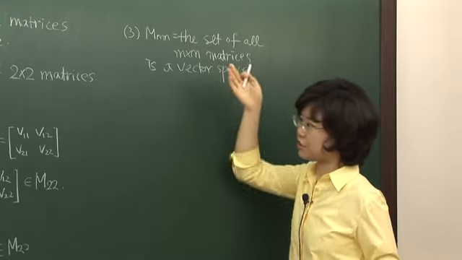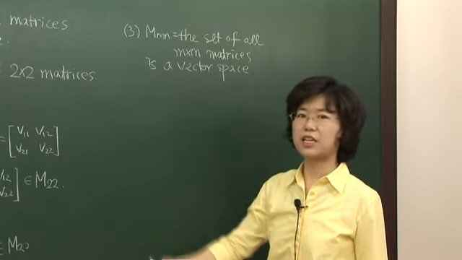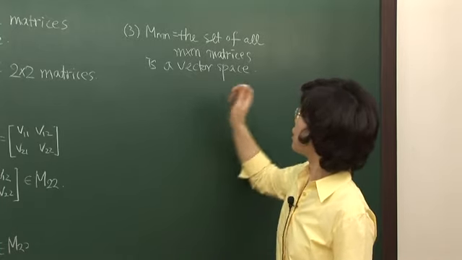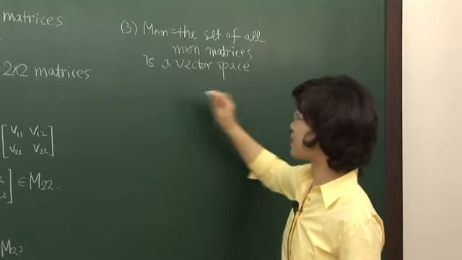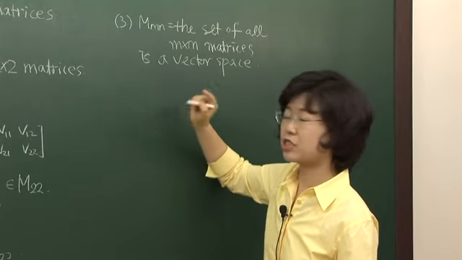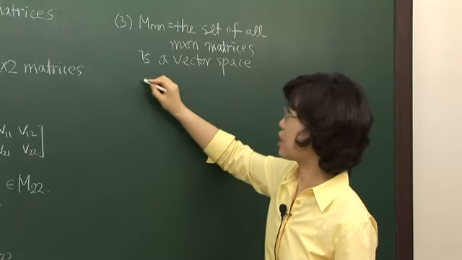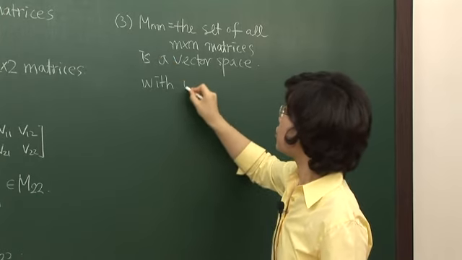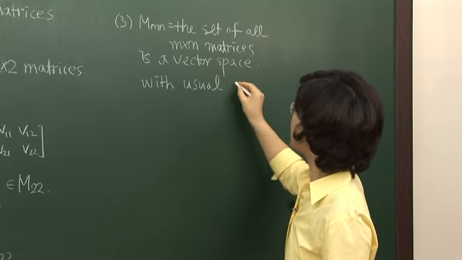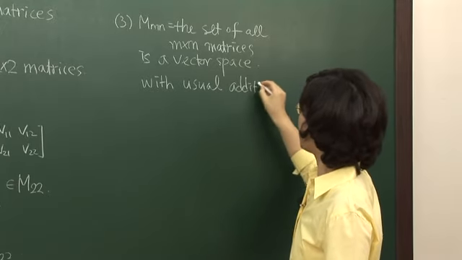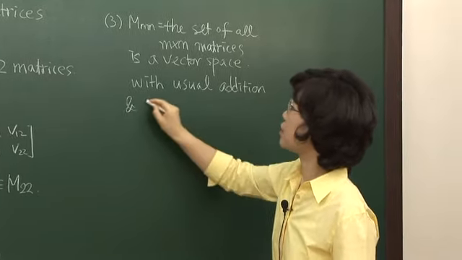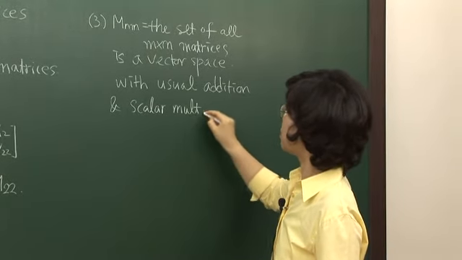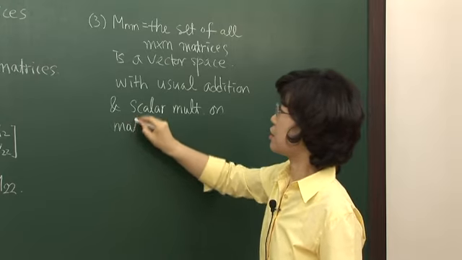We can use exactly the same argument as before, and we can get this generalization. We should specify the addition and scalar multiplication on this set: with the usual addition and scalar multiplication defined on matrices.